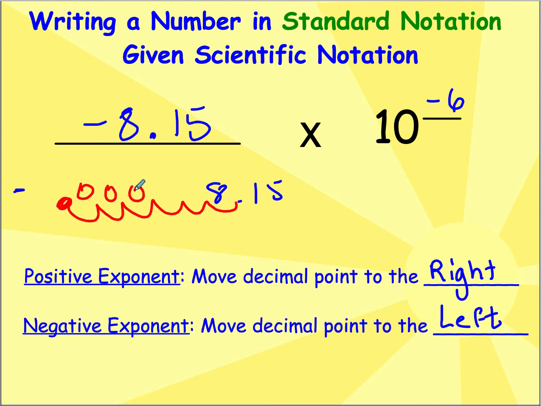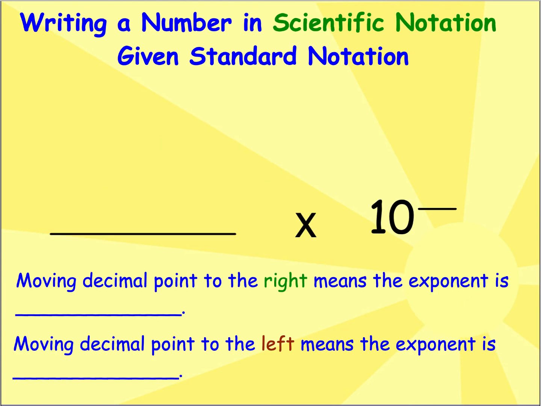Decimal point goes there, and I fill in those 5 spots with zeros. And so this number would be pronounced negative 815 100 millionths.